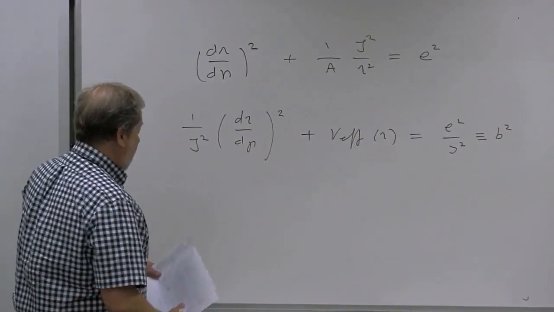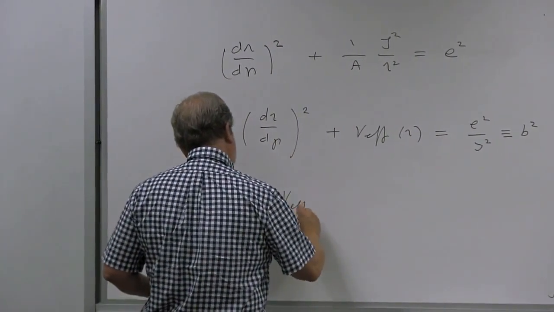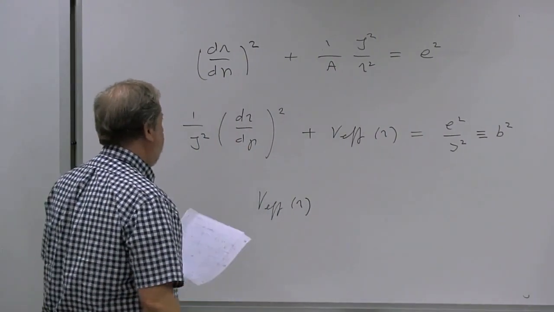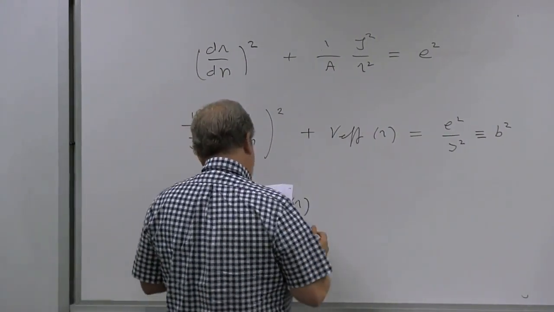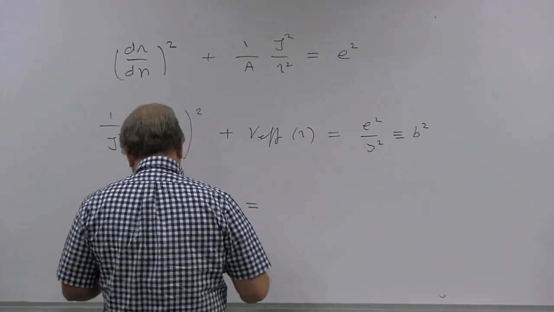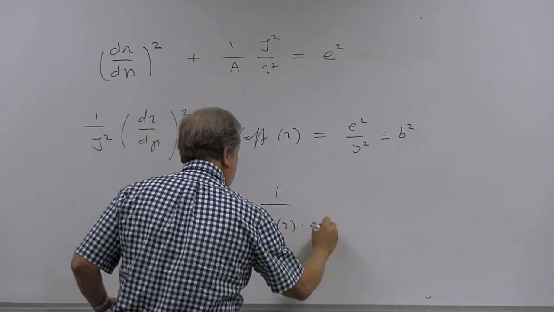And so the V effective in this case is essentially a combination of the A and the r squared term, so it is equal to 1 over A r squared times r squared.